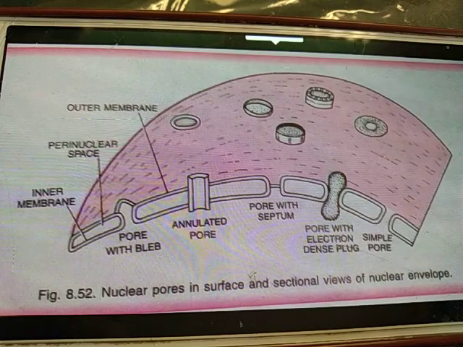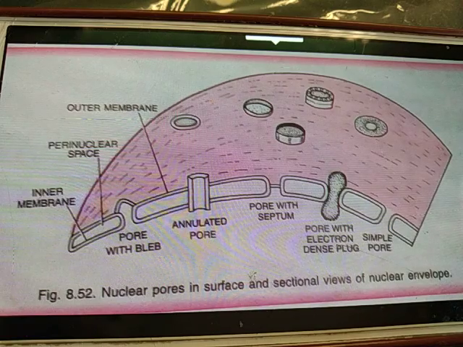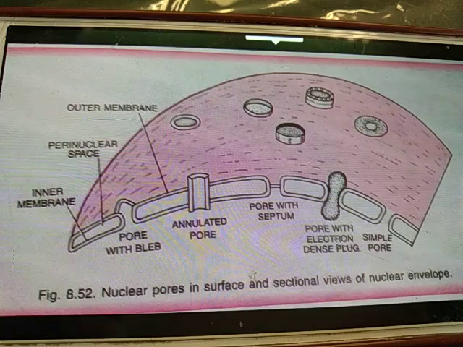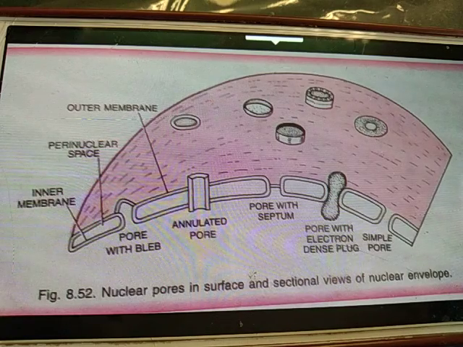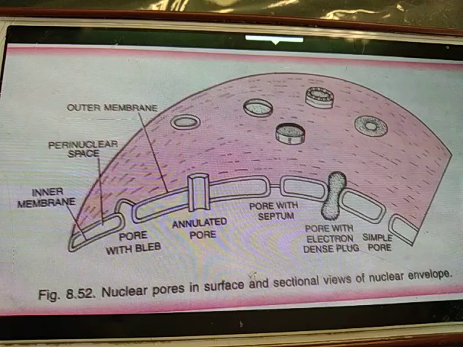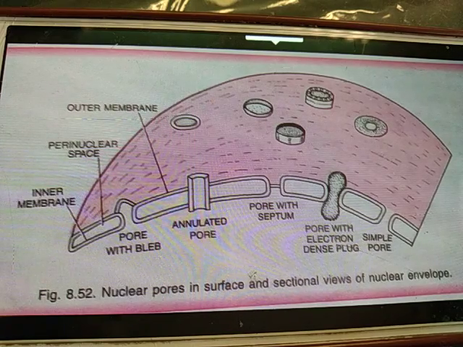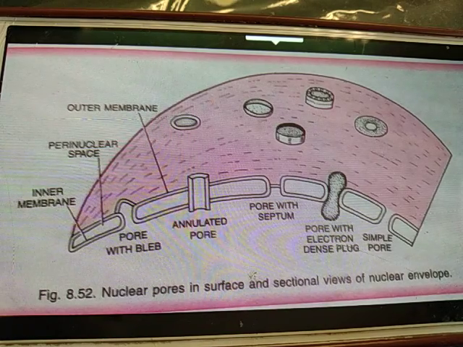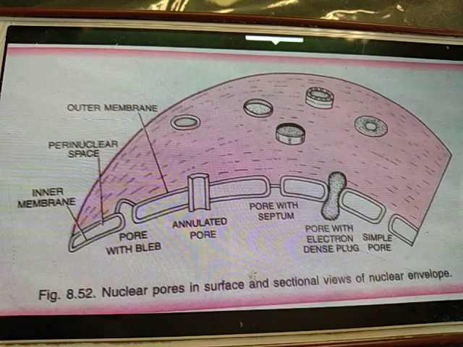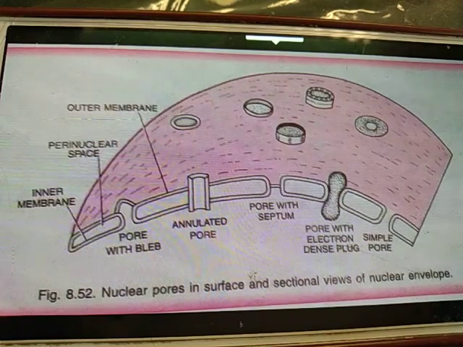Nuclear matrix consists of two types of intermediate filament, lamin A and lamin B. The nuclear matrix and the nuclear lamina form a scaffold for the chromatin, attachment site for telomeric parts, mechanical strength to the nuclear envelope, and component of the nuclear envelope complex.